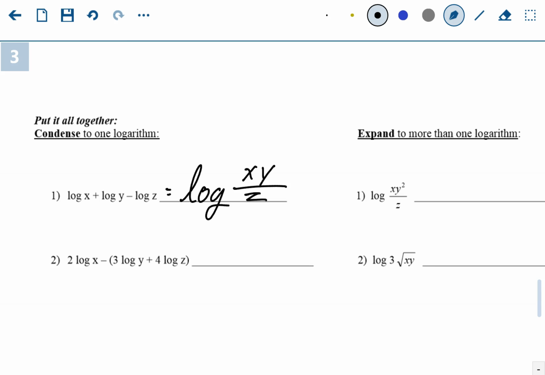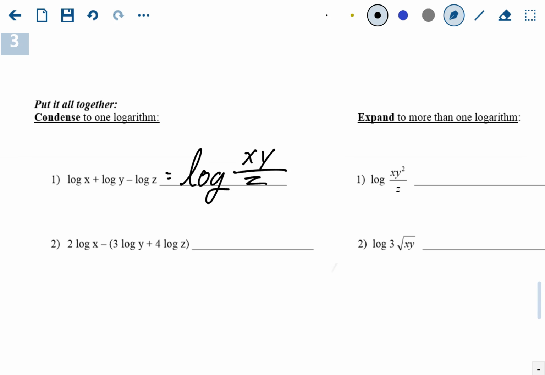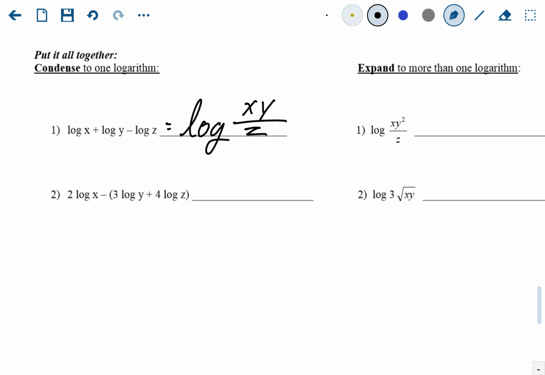And the second condensing one, you have to think order of operations. The grouping symbol, the groups have to stay together. This one actually has multiple ones. Any number out front is going to become an exponent. Okay. So you got that 2 out front. You also have a 3 and this 4.